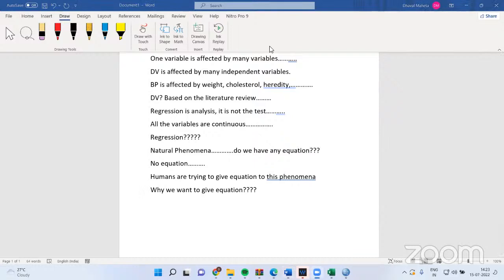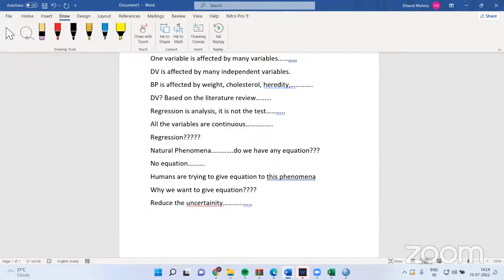To analyze. Sir, to predict the future. Why do we want to predict the future? So that we can be aware beforehand. We can take precautionary measures to avoid that thing if it is a negative situation. To reduce the uncertainty.